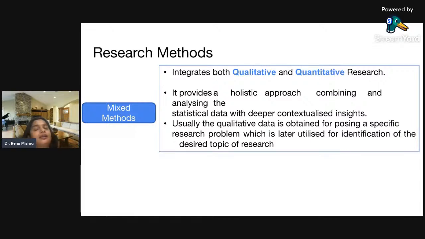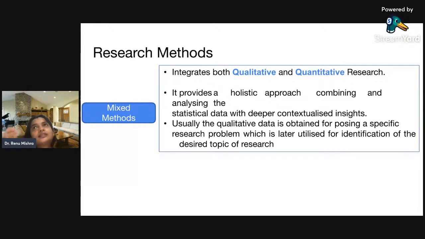Why do you like ice cream? In a way, you are collecting qualitative data as well as quantitative data. So what you are doing is explaining the problem completely. It's a holistic approach to get the results and to justify the results.